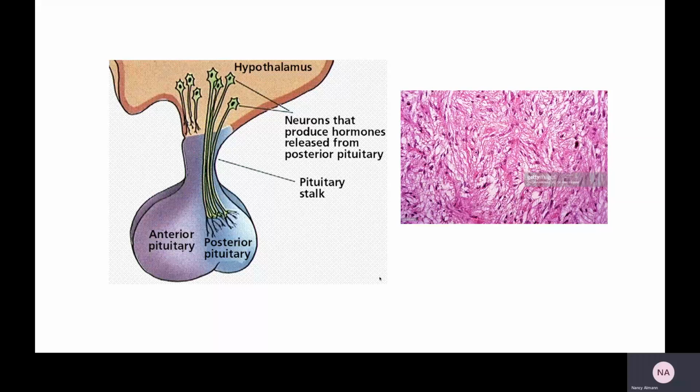And when you look at the posterior pituitary on a slide or in a micrograph, it looks kind of stringy versus the anterior pituitary, which looks much more cellular or glandular. And at the end of this section, there is a comparison that we will do. So if you see something that looks kind of stringy on slides or on a micrograph, and you're talking about the pituitary, think posterior pituitary.